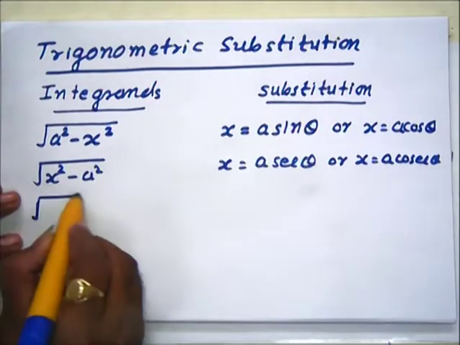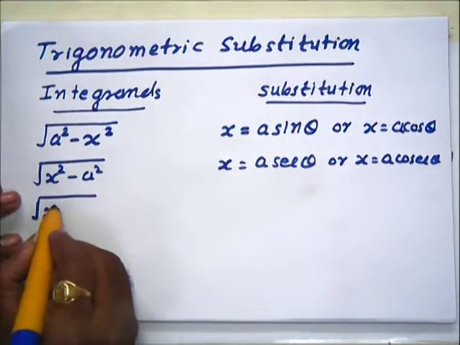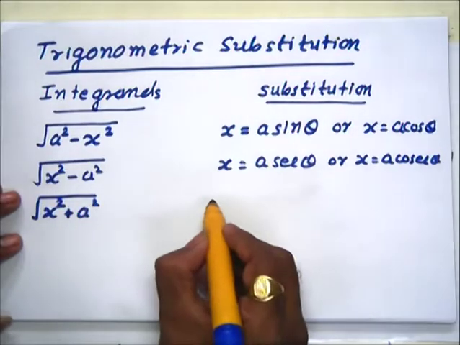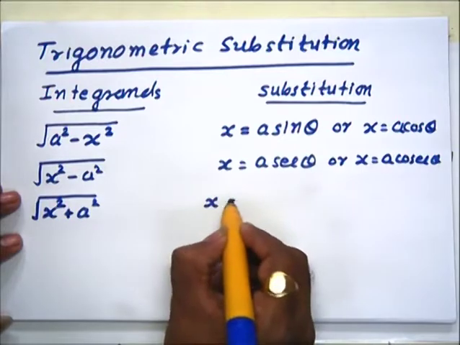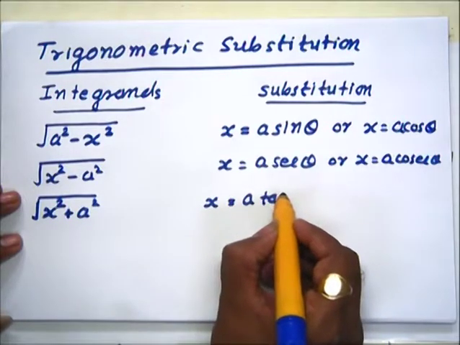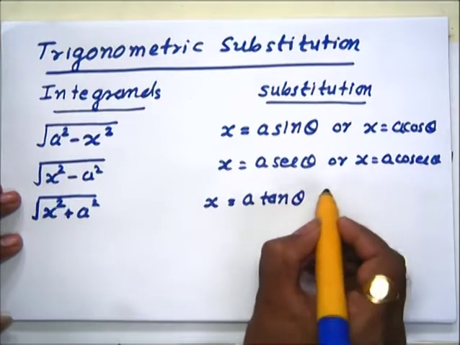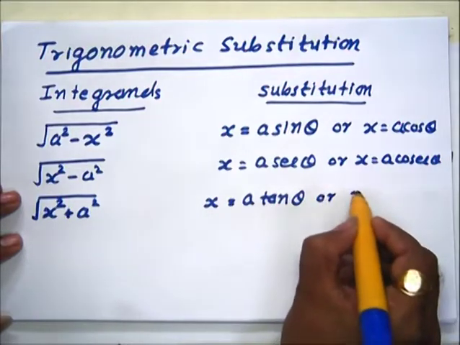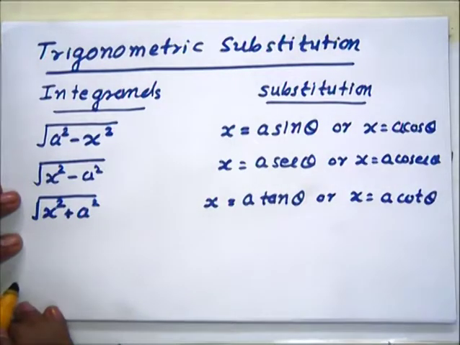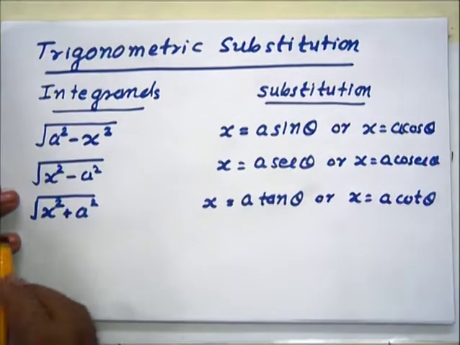If the integrand is of the form x square plus a square, then take x equal to a tan theta, or x equal to a cot theta.